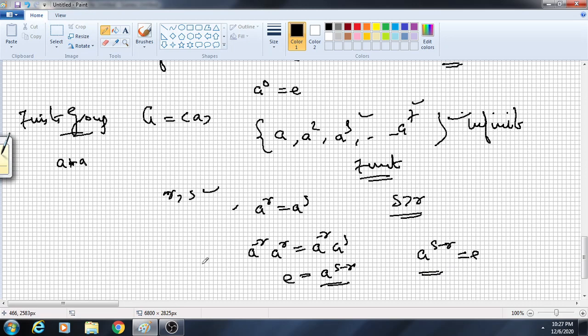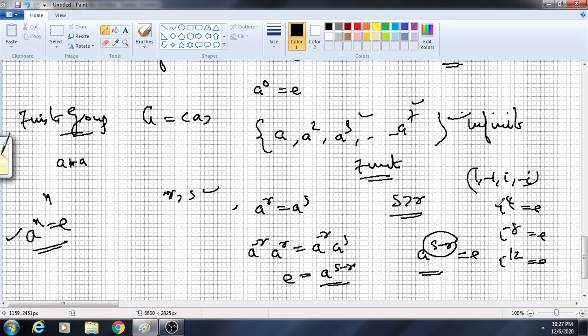Okay, so what we have established now is that there are integers n such that a raised to n is equal to e, because we have got such an integer, which is s minus r. There can be many integers. For example, in the group 1, minus 1, i, minus i, i raised to 4 is equal to e, i raised to 8 is equal to e, i raised to 12 is equal to e.